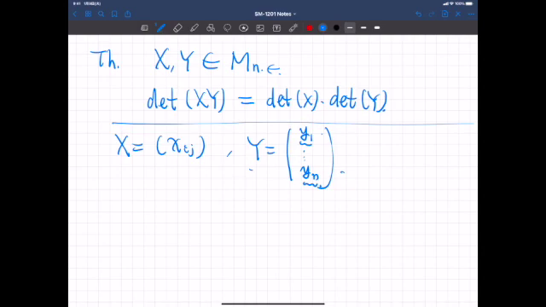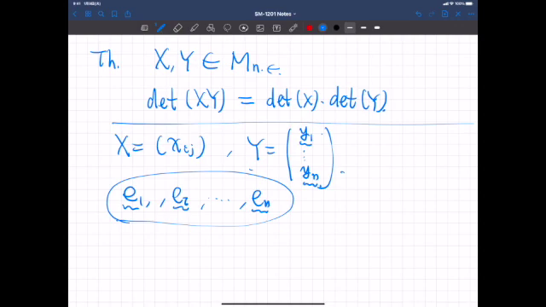Then we again use these E1, E2, and so on up to En. Actually these are the row vectors of the identity matrix, right? If you remember, the identity matrix is a matrix with ones on the diagonal, and every off-diagonal element is 0. So the first row is E1, the second row is E2, and so on.